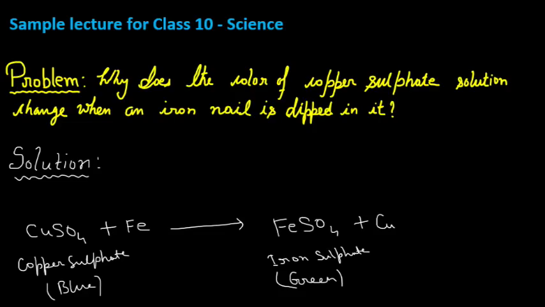This is because iron is more reactive than copper and it displaces the copper from copper sulfate solution, and the solution changes to iron sulfate. Iron sulfate's color is green. So the reaction is CuSO4 plus Fe gives FeSO4 plus Cu. So copper sulfate blue solution changes to iron sulfate green solution.